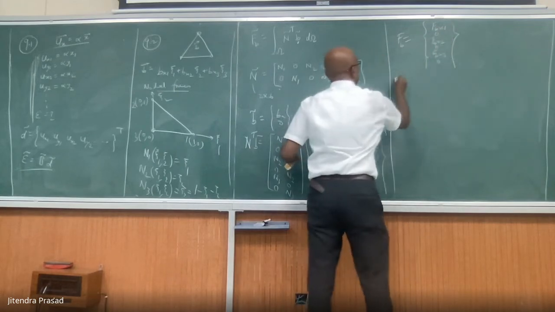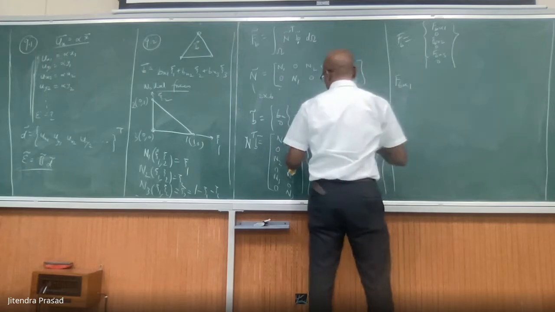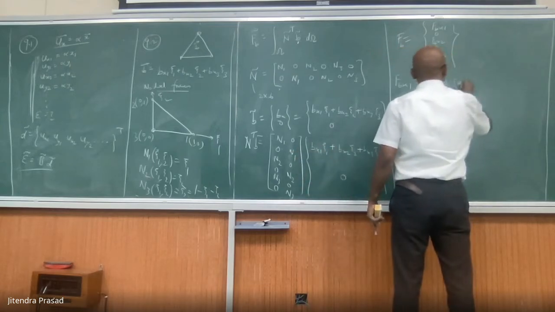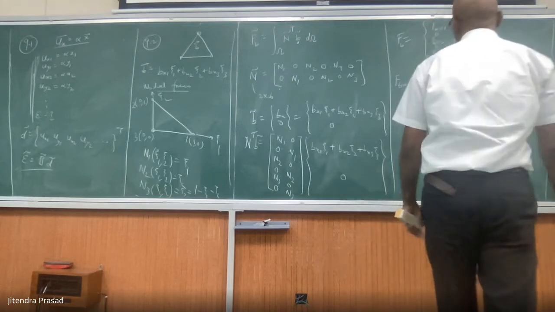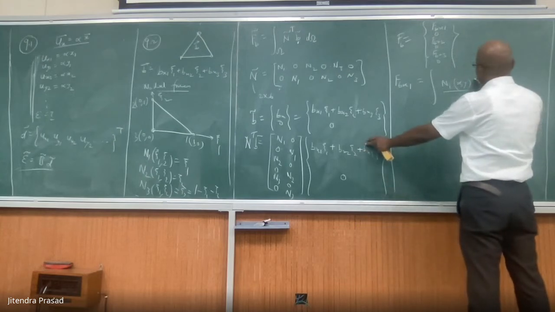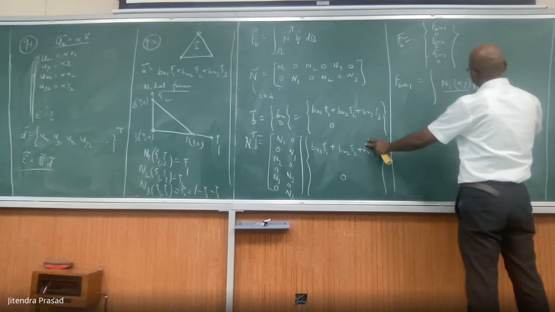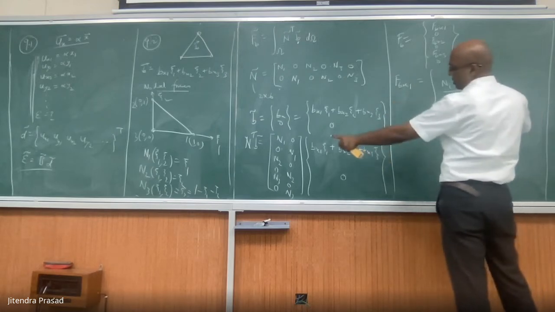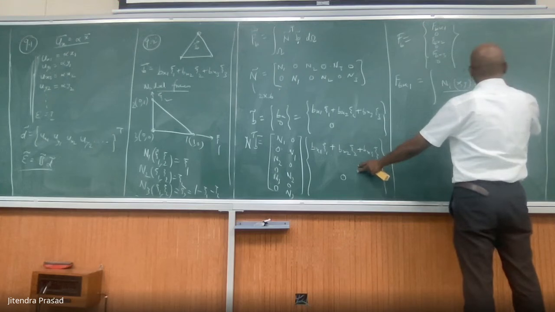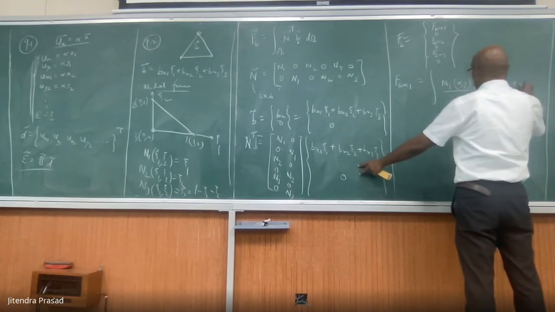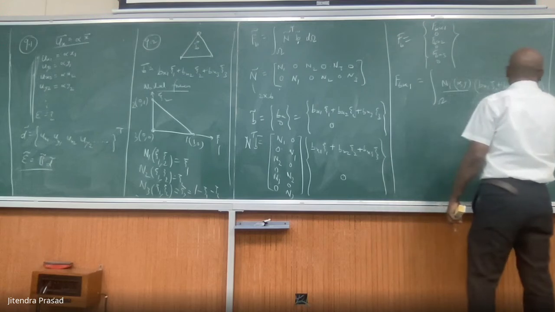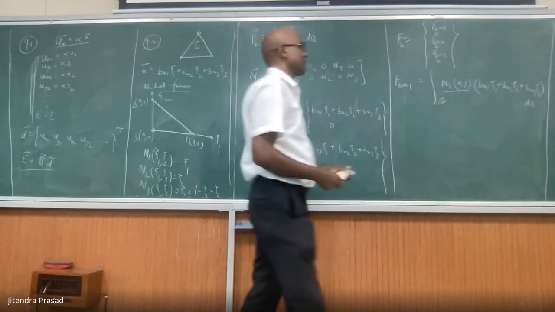This one you have to find out, where FBx1, for example, will be equal to the integral of N1 times b, which is bx1 psi1 plus bx2 psi2 plus bx3 psi3, over omega, with d omega. Fine.